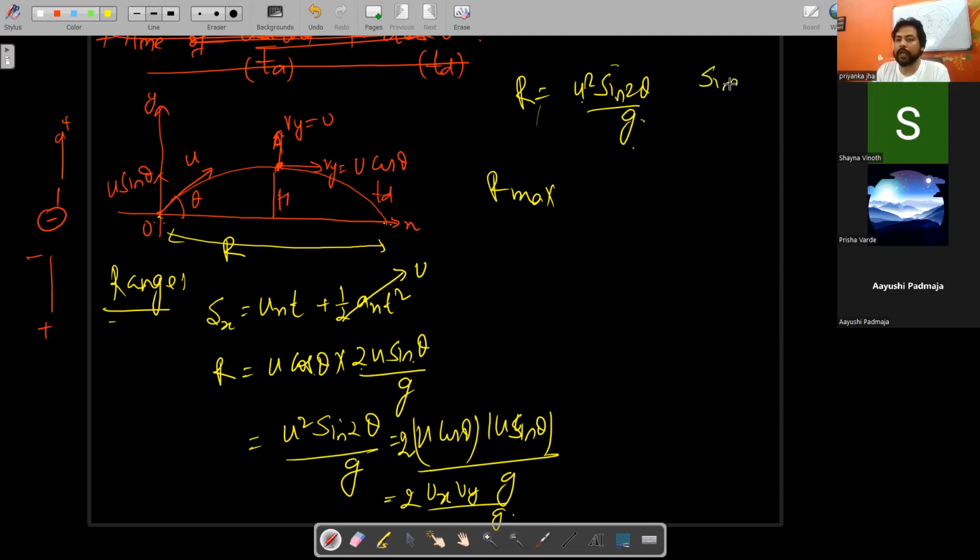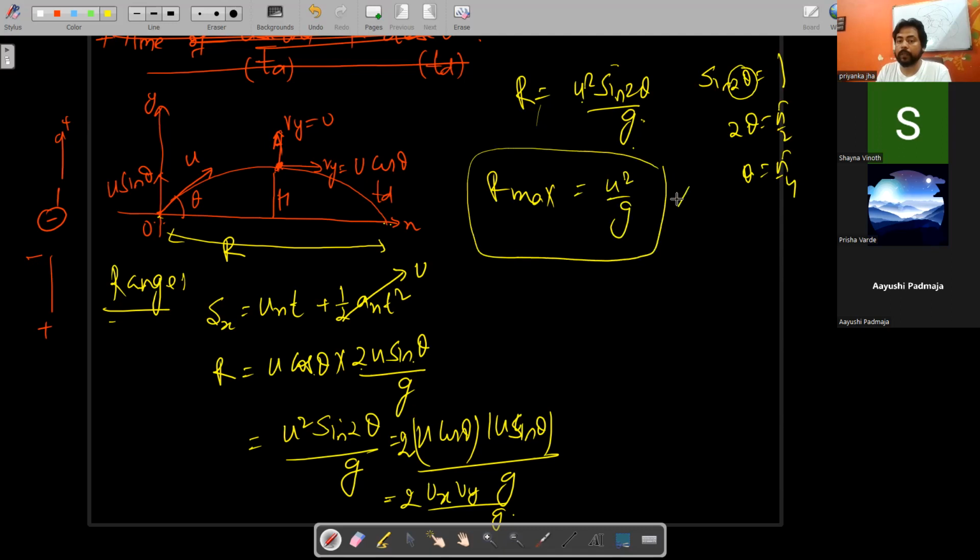The maximum value of sine 2 theta is 1, and this happens when the angle is 90 degrees. So 2 theta is 90 degrees, so theta would be 45 degrees. So if you throw the object at 45 degrees with the horizontal, you will get the maximum range, and that would be equal to u square upon g.